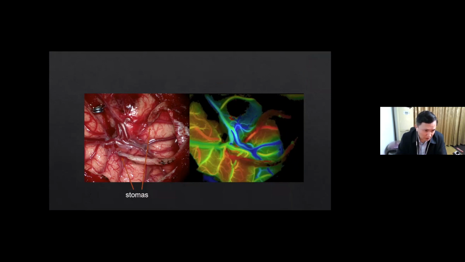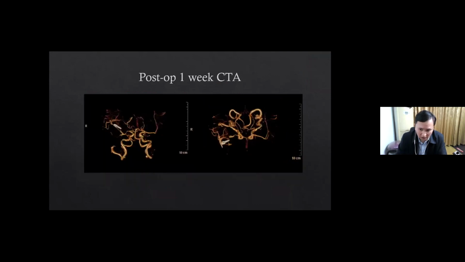And we clipped distally of the aneurysm. Just after 1 week, we can see on the CTA the aneurysm was closed and didn't show anymore.